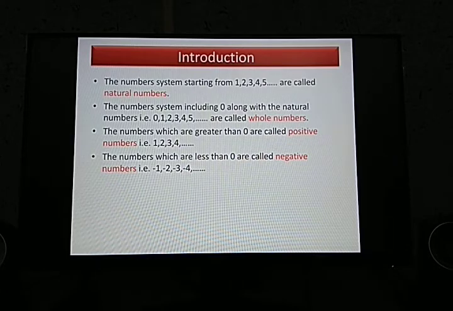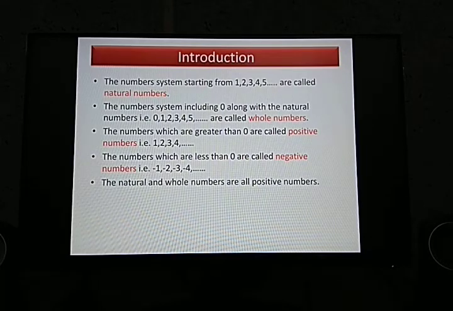Now if you see carefully, the number systems that we have come across earlier didn't have negative numbers, because whenever we consider the natural numbers or the whole numbers, we don't discuss negative numbers. So basically what we can say is that the natural numbers and the whole numbers are all positive numbers.